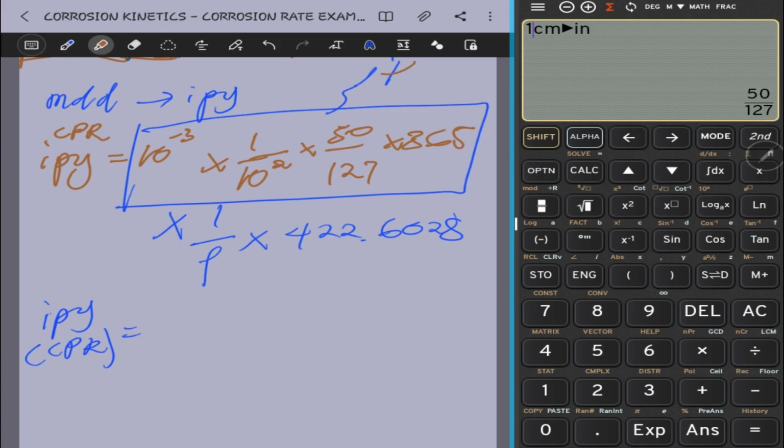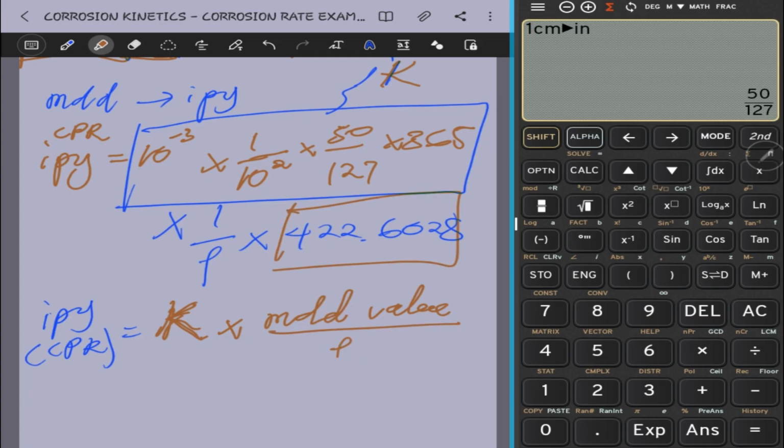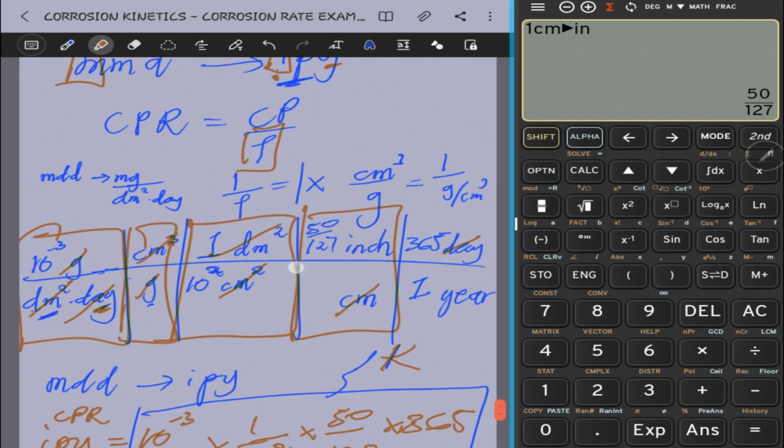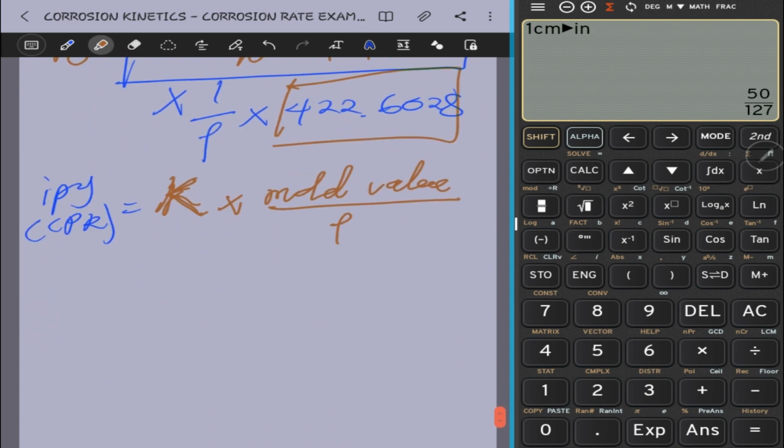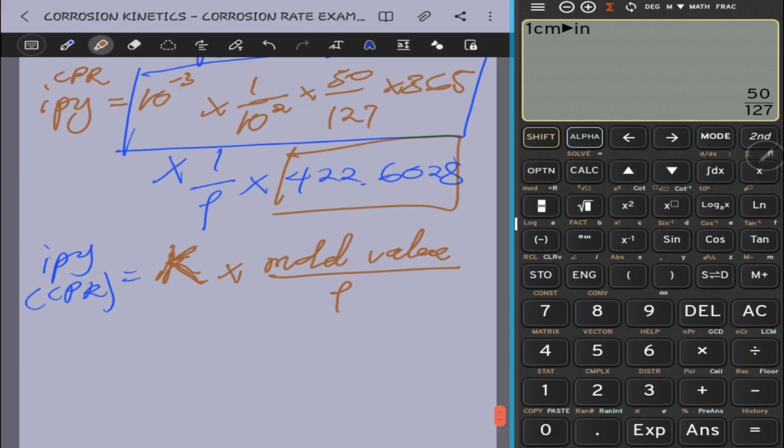And you multiply by the MDD value, which is what we have here, and you divide by the density value. Because of the conversion we did, we just maintain the density in grams per cm3. So that is it. Let's see what we have.